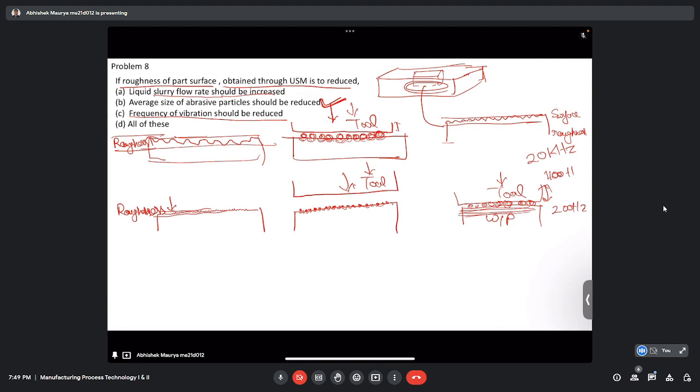But again, the roughness value of the machined surface with 100 hertz and with 200 hertz will both be the same because the size of the slurry particle was the same. So for the third option, changing frequency is going to change the material removal rate, not the surface roughness value. So the correct answer is B. Only the size of abrasive particles is going to affect the surface roughness.